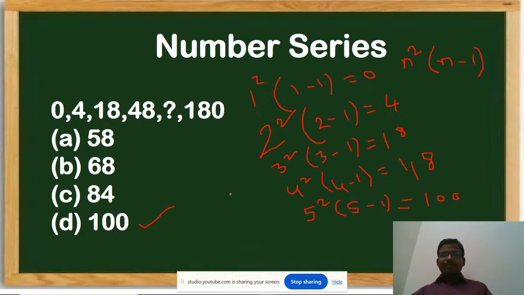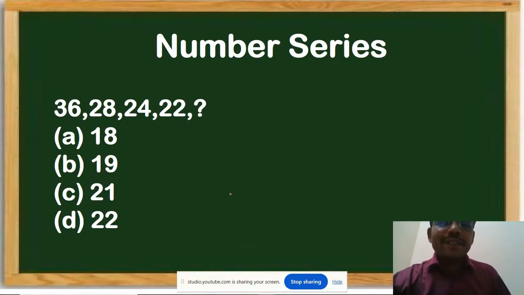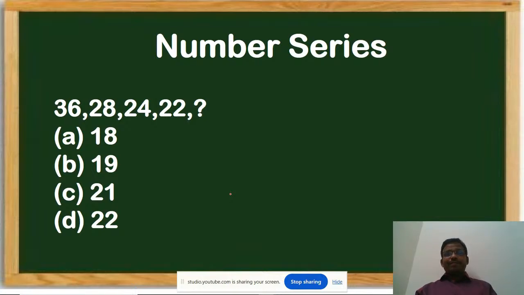Next one. 36, 28, 24, 22, dash. This series is completely in decreasing order. 36 to 28, the difference is 8. 28 to 24, the difference is 4. 24 to 22, the difference is 2.